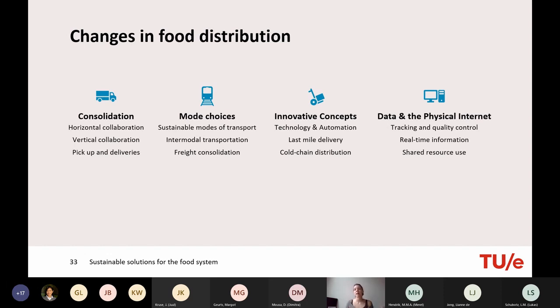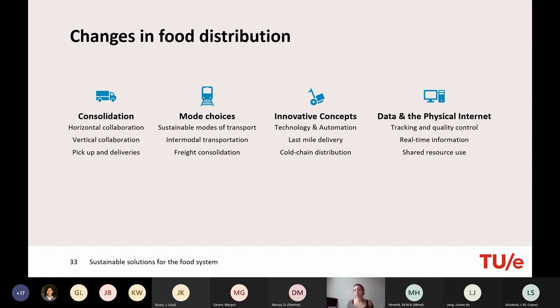In addition, we can make more use of data and the physical internet by better tracking the products and using the data that we gather throughout that process for quality control of products, and gain more real-time information regarding transportation conditions, the cooling of products, where the product is at a specific point in time, and so on.